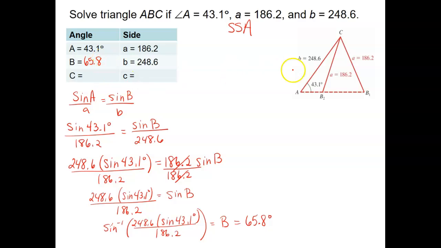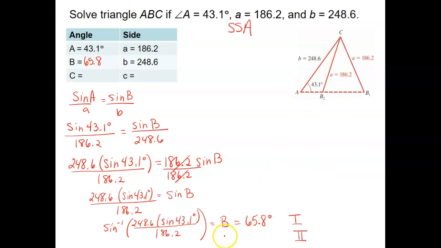But because there's the potential for this second triangle, I have to consider the second quadrant angle as well. So back in the previous section, section 6.4, we looked at how when we solve for sine of something, we have to consider both the first and the second quadrant angles when we're working with these triangles.